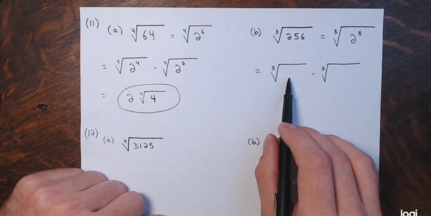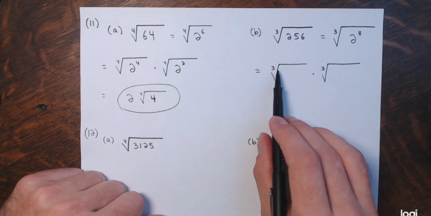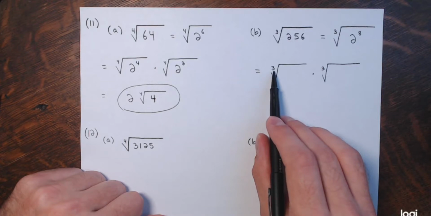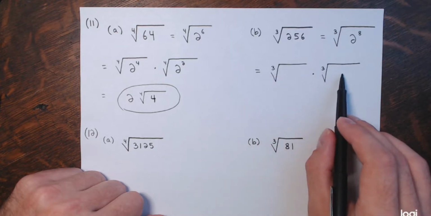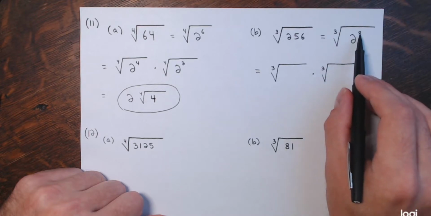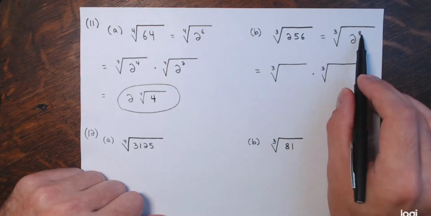In this cube root, I want all the powers to be a multiple of 3. I want cubes. So 3, 6, 9, etc. And in this radical, I want all the powers to be less than 3, right? Non-cubes. Now 2 to the 8th, 8's not a multiple of 3, so it's not a nice cube right now.